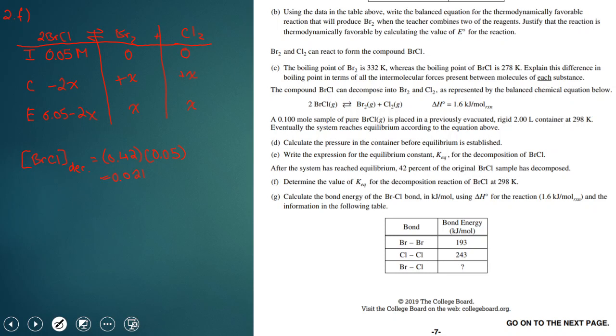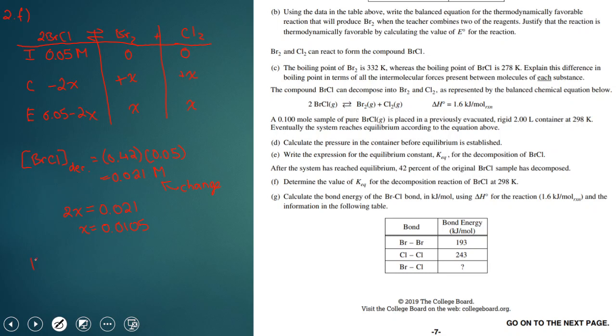Keep in mind this is still molarity. And so this is our change. Our change of BrCl is 2x. So if 2x is equal to 0.021, x is equal to approximately 0.0105. These values I'm just going to leave in my calculator to use.